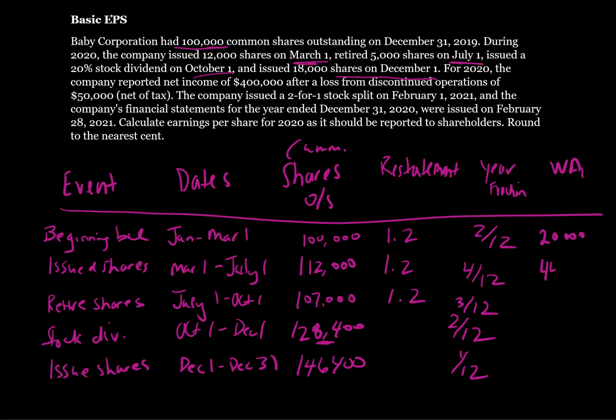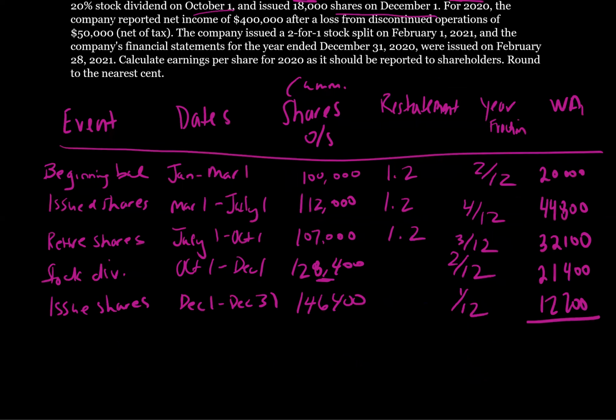This is going to be 44,800. This is going to be 32,100, 21,400, and 12,200. So if we sum these all up, we're going to get 130,500 weighted average shares outstanding.